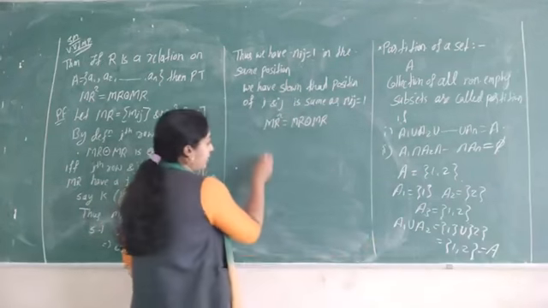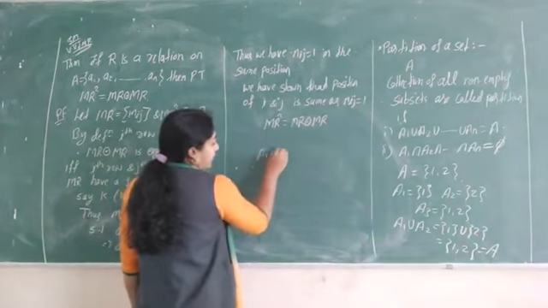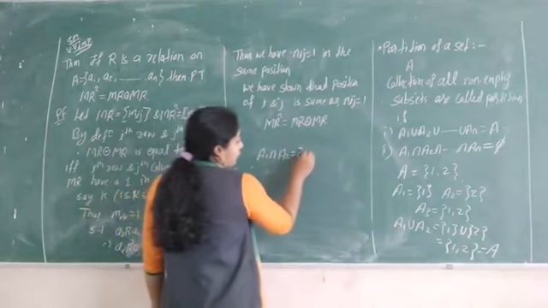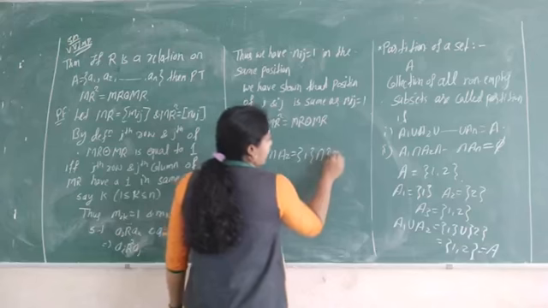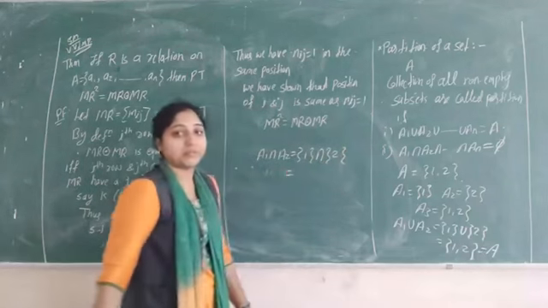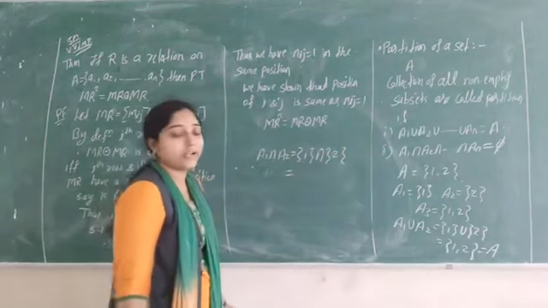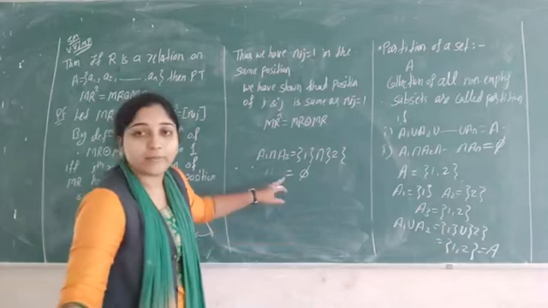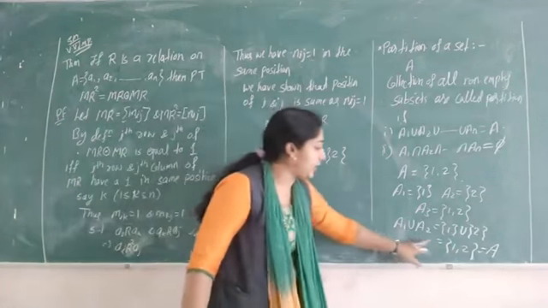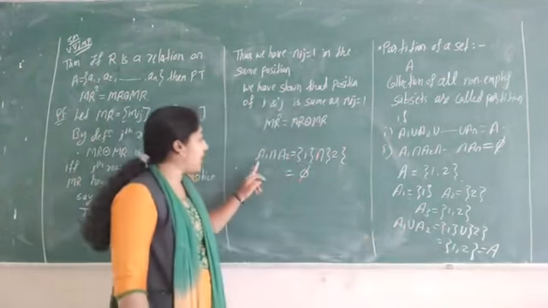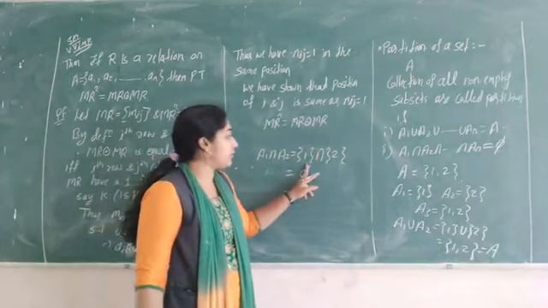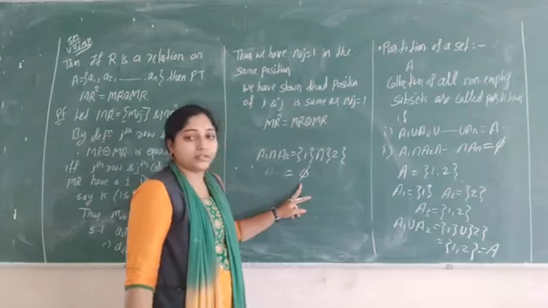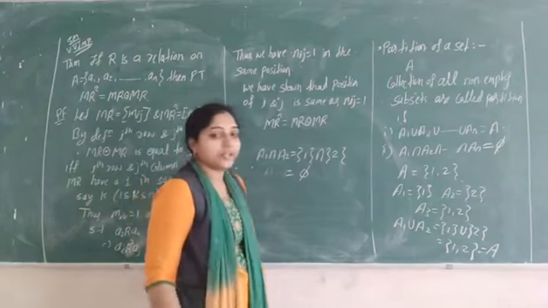A1 intersection A2 is equal to {1} intersection {2}. Intersection means we want common elements, but there is no common element in {1} and {2}, so this is the empty set. Now see, it satisfies both the conditions. First A1 union A2 is equal to the set A itself, and A1 intersection A2 is equal to the empty set. Okay, so it satisfies both the conditions.